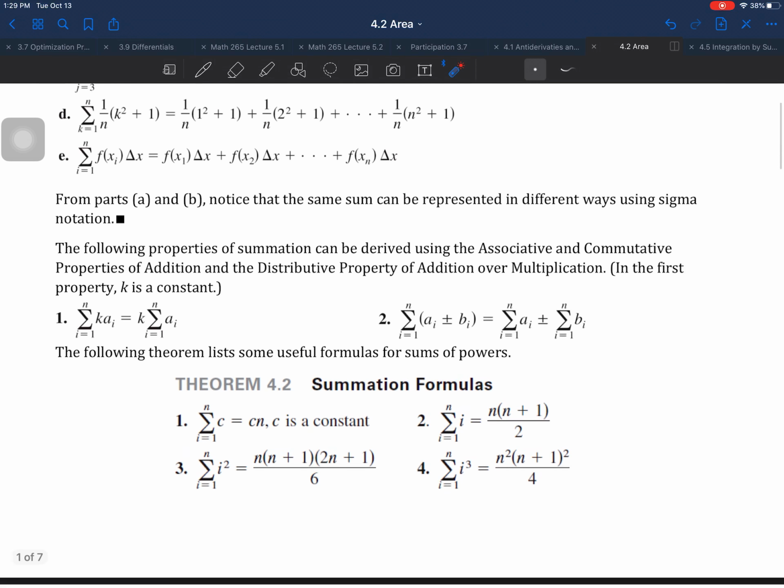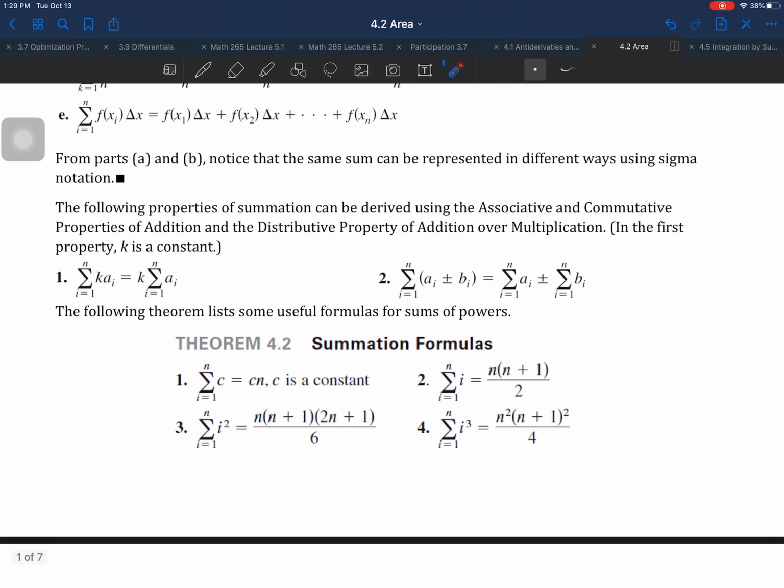All right, so there are a few cool properties that we can follow from here, that I mentioned already. If k does not depend on this index, then we can treat that as a constant. In fact, it's a constant, and we can actually factor it out. This also works in the case where you have this, because n does not depend on i.